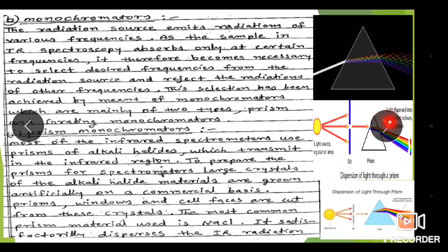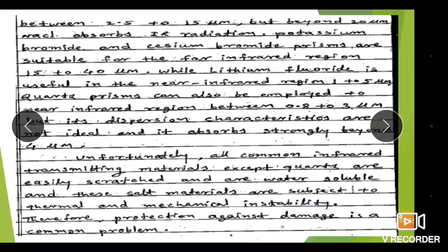After passing through the prism, it gets dispersed into different wavelengths, that is colors. So in this way we get different types of monochromatic light with the help of a prism.